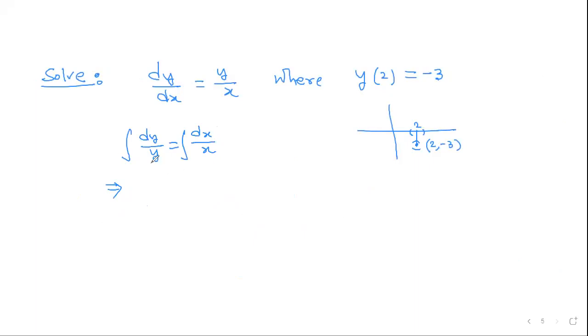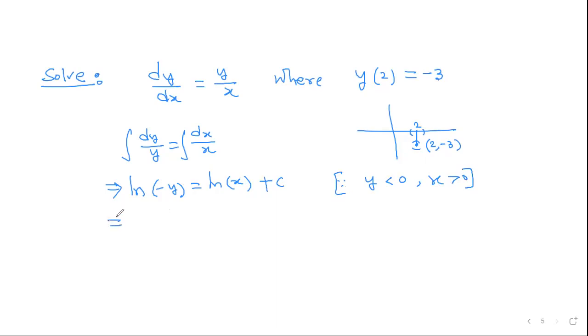Here y is negative, so we need to take ln of negative y. Since x is positive, we take ln of x, plus a constant. We took this because y is negative and x is positive, so this formula is used.